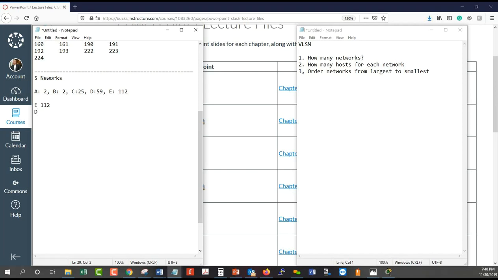And what's next is D, and that's at 59. Then C is at 25. And then A is at 2. And B is at 2. So that's the number of hosts.